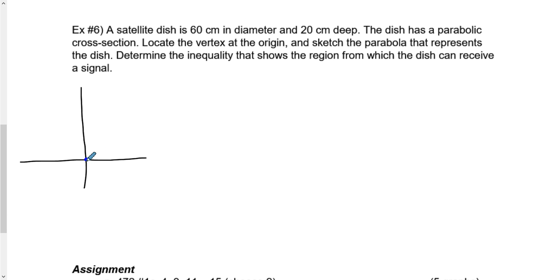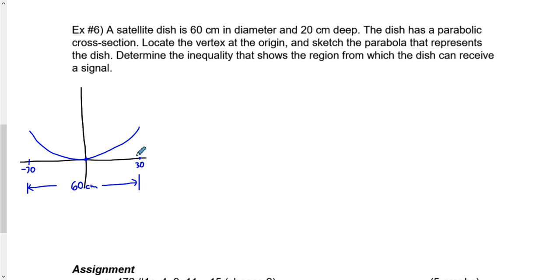So 60 centimeters in diameter means everything out here, this entire region here, from there to there, will be 60 centimeters, which means there would be 30. That would be negative 30.